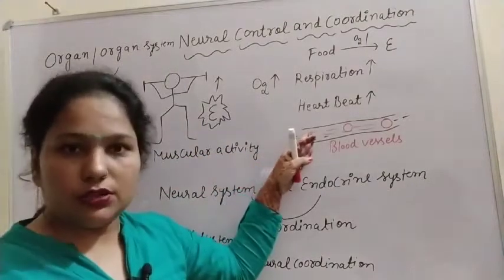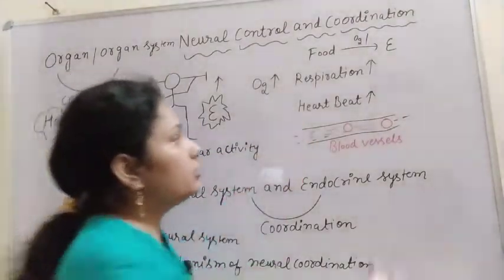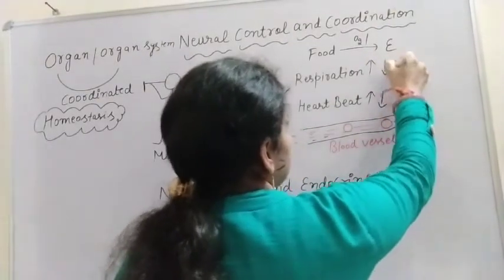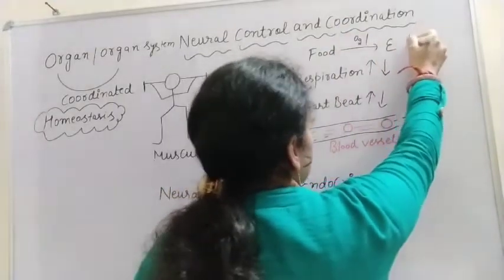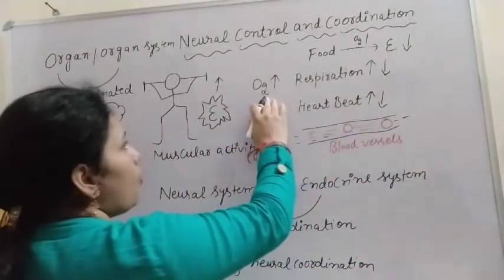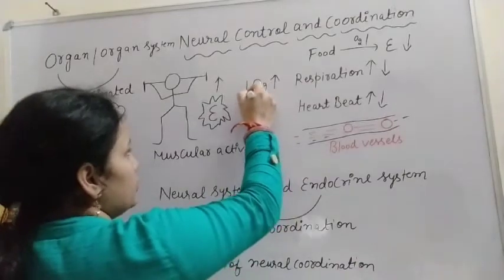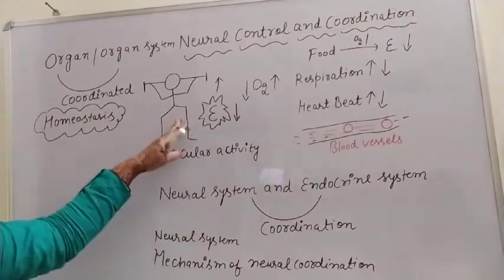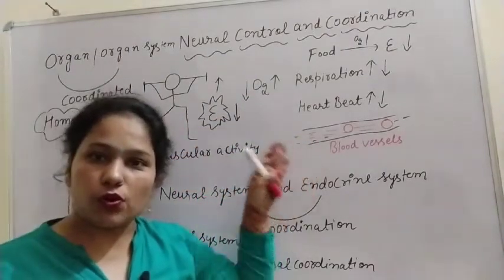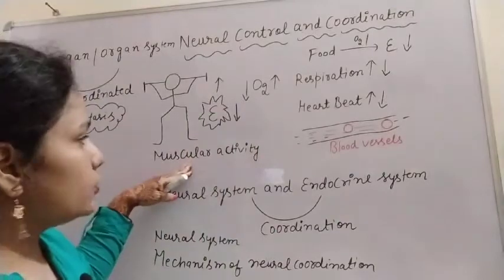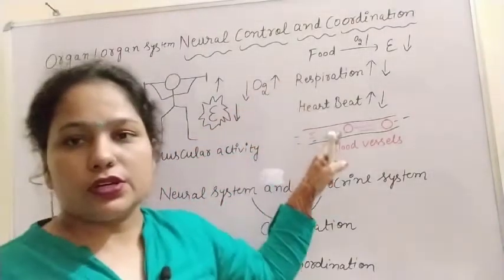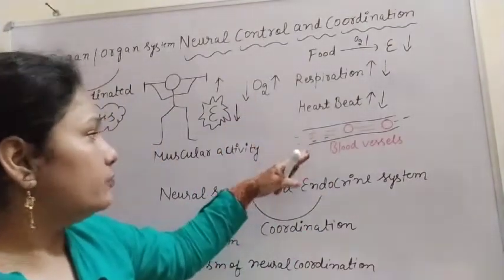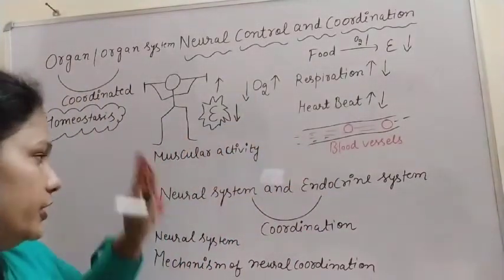The flow of blood in the blood vessels, the heartbeat, and the rate of respiration also decrease, the breakdown of food is also decreased, the supply of oxygen is also decreased, and the energy demand is also decreased. So all these activities are coordinated, meaning if we are doing muscular activity, the other organs have to function in such a way that the muscular activity is coordinated.